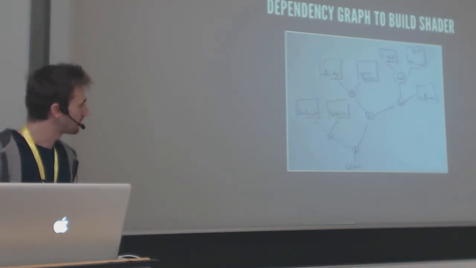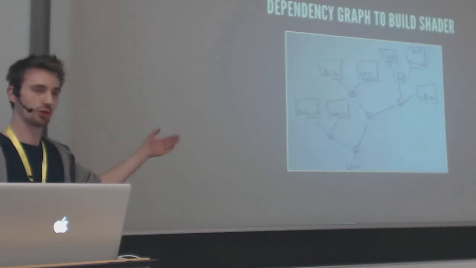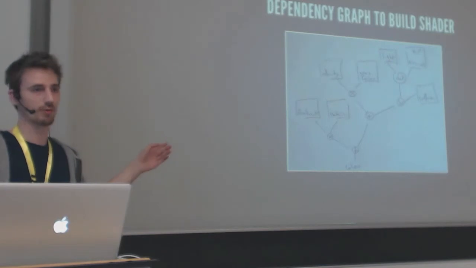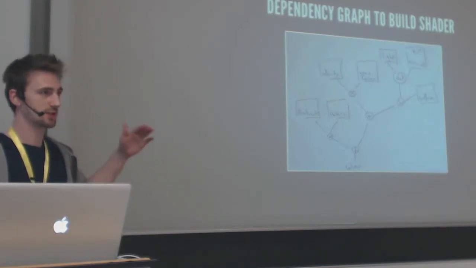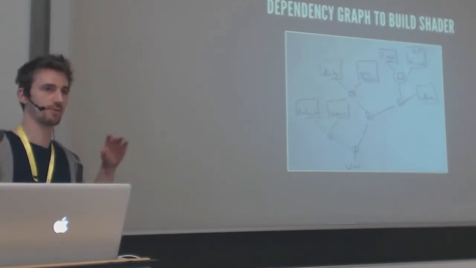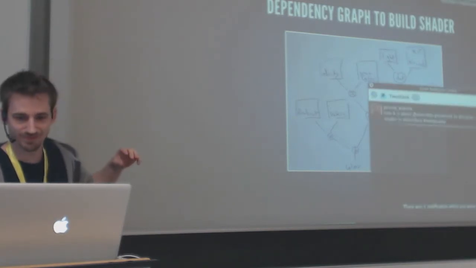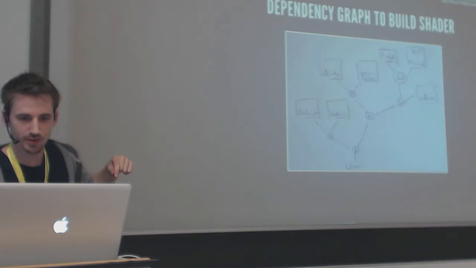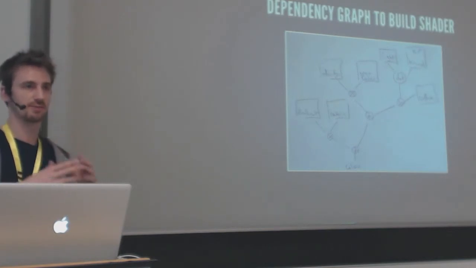How do we parse the graph? We start from the frag color, the final color you see. We iterate and go deeper in the tree, and we start to enumerate variables and list them.